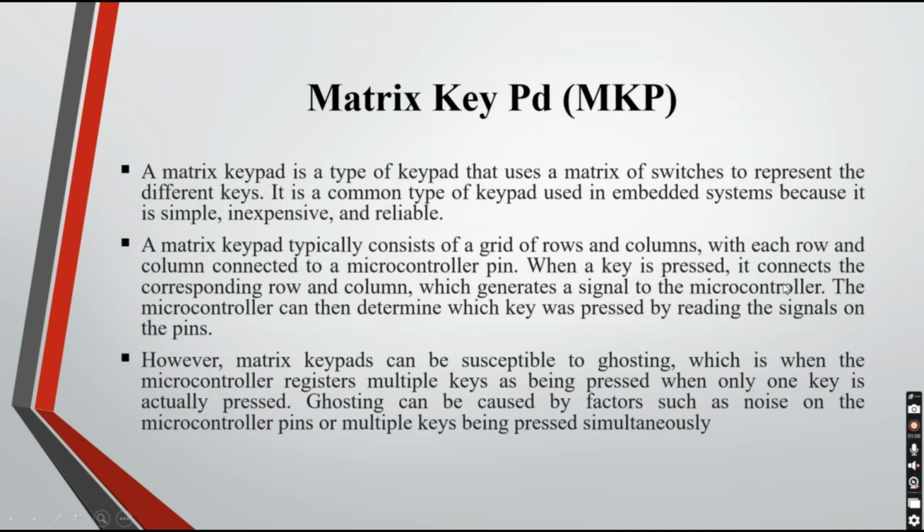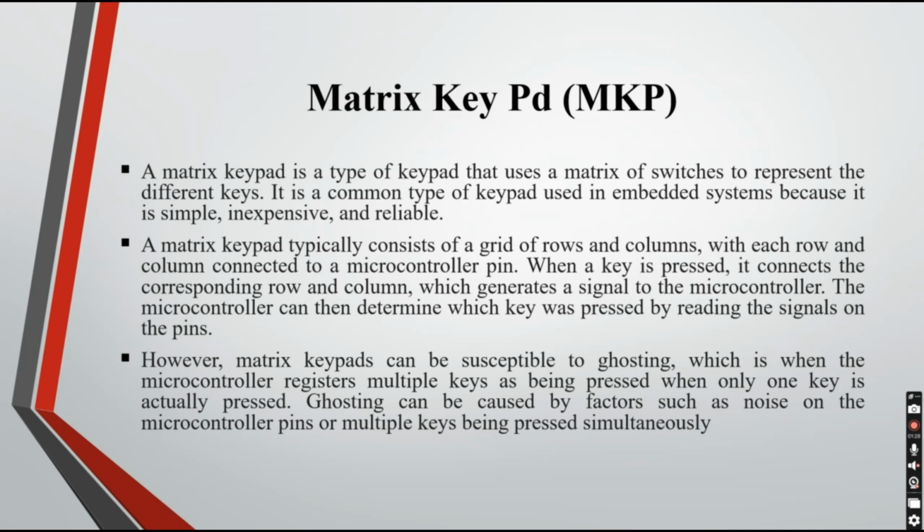Next one is MKP, matrix keypad. A matrix keypad is a type of keypad that uses a matrix of switches to represent the different keys. It is a common type of keypad used in embedded systems because it is simple, inexpensive, and reliable.